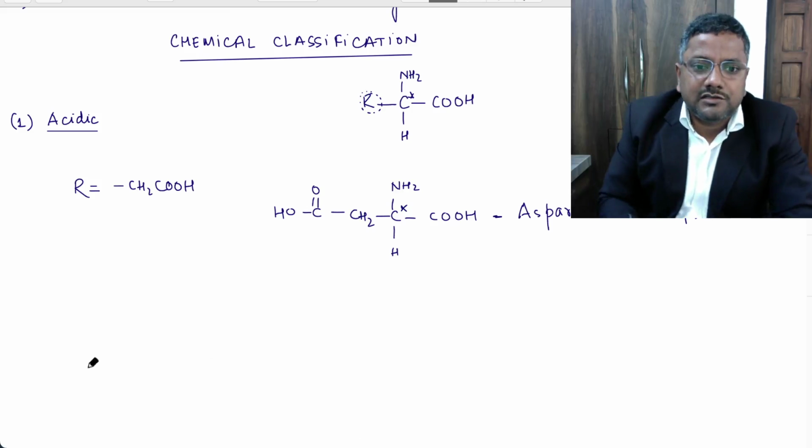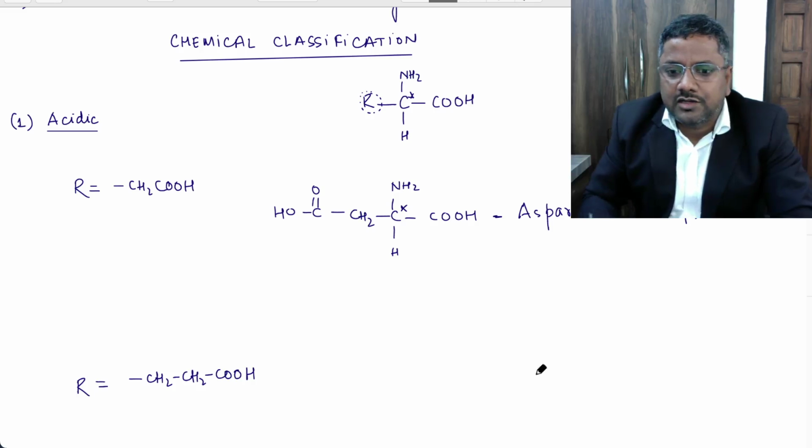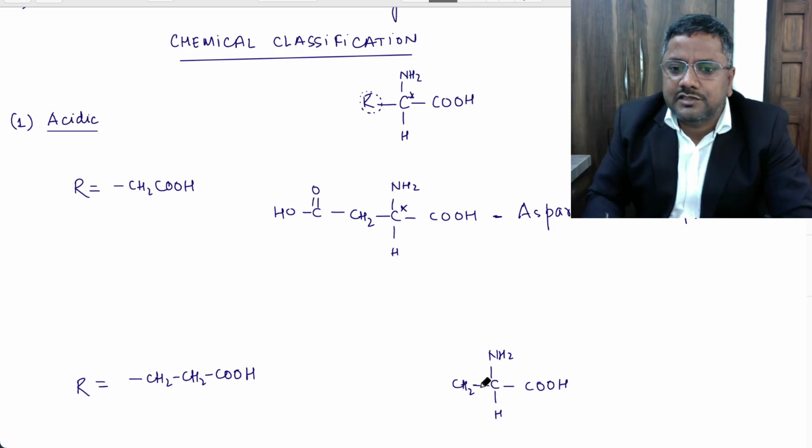Now, second, if you take R equal to CH2CH2COOH, your formula becomes like this: C, NH2, H, COOH, which is fixed. Now this CH2 will join here, then CH2, then COOH.